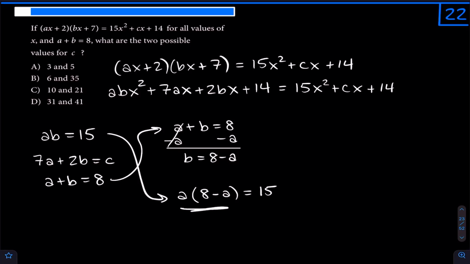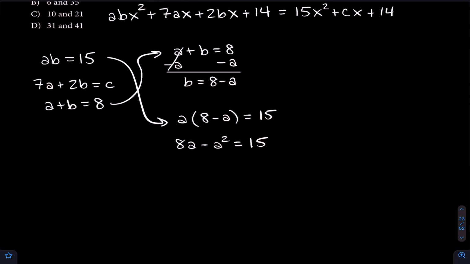So multiplying this out here, I get that 8a minus a squared is equal to 15. And this is a quadratic at this point, so we can solve that. Subtract 8a on both sides, add a squared on both sides. And what I've done here is now I have 0 on the left-hand side.